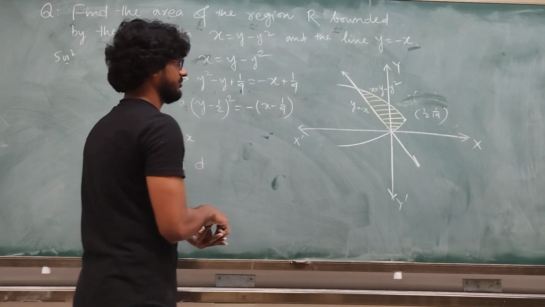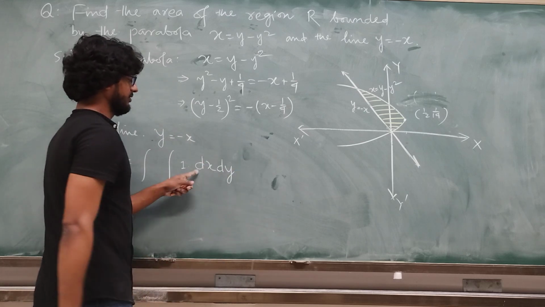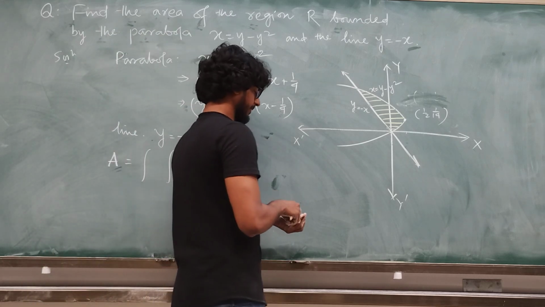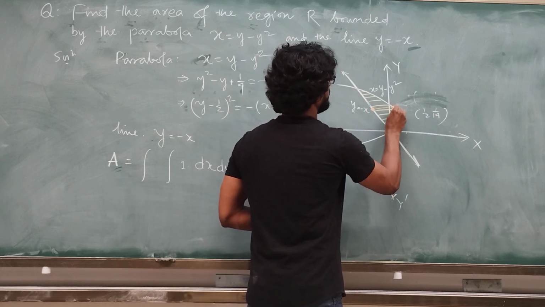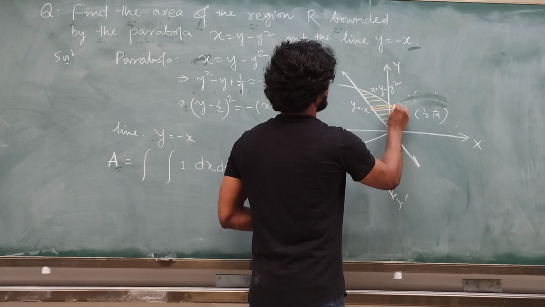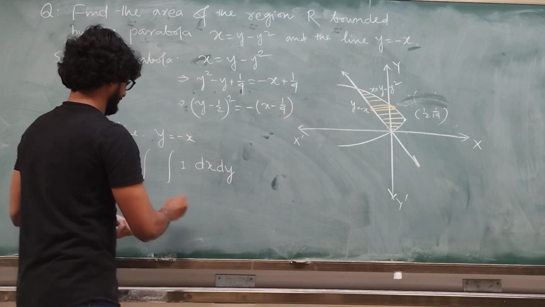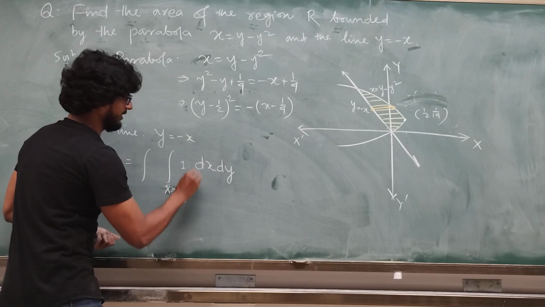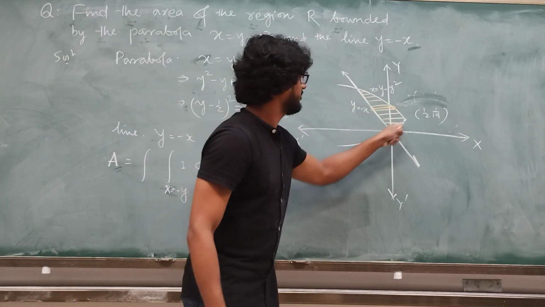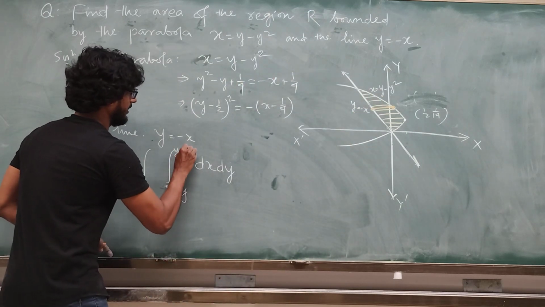So first we will choose dx, then dy. x is varying from the line, where x equals minus y, to the parabola, where x is y minus y squared.